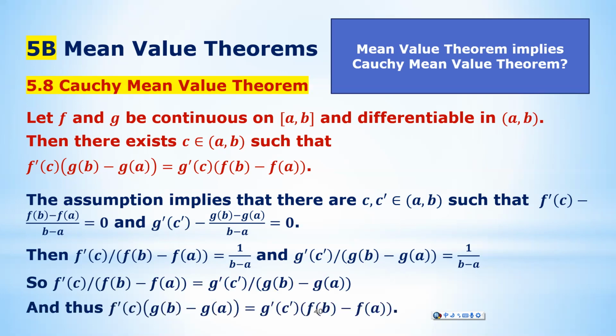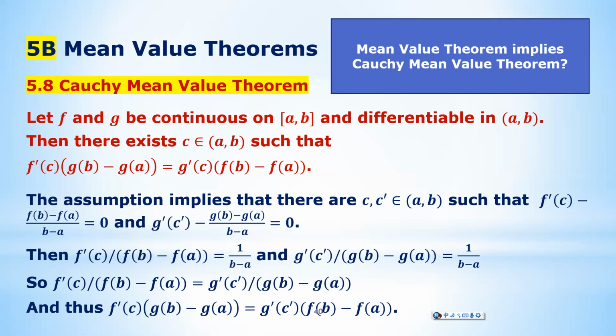Then you can cross multiply, and you get a result similar to the one predicted by the Cauchy mean value theorem, except that you cannot distinguish c and c prime. So this approach tells us that there are two points, c and c prime, but it does not make them equal. This is not enough to prove the Cauchy mean value theorem. The Cauchy mean value theorem says that c actually equals c prime, so there's only one c on both sides.